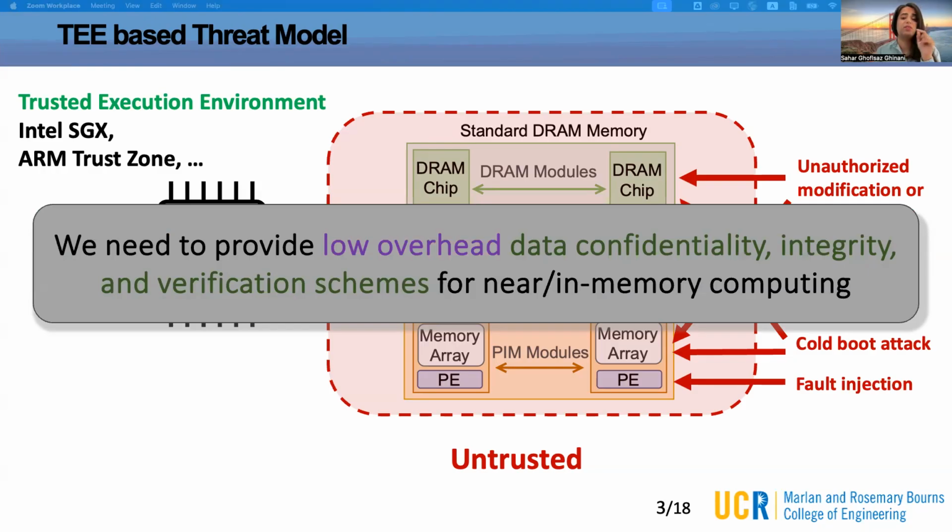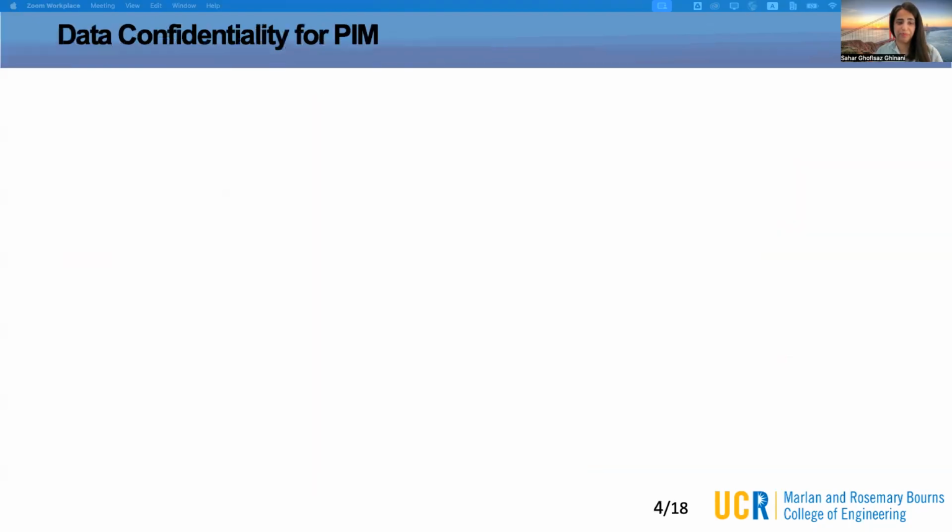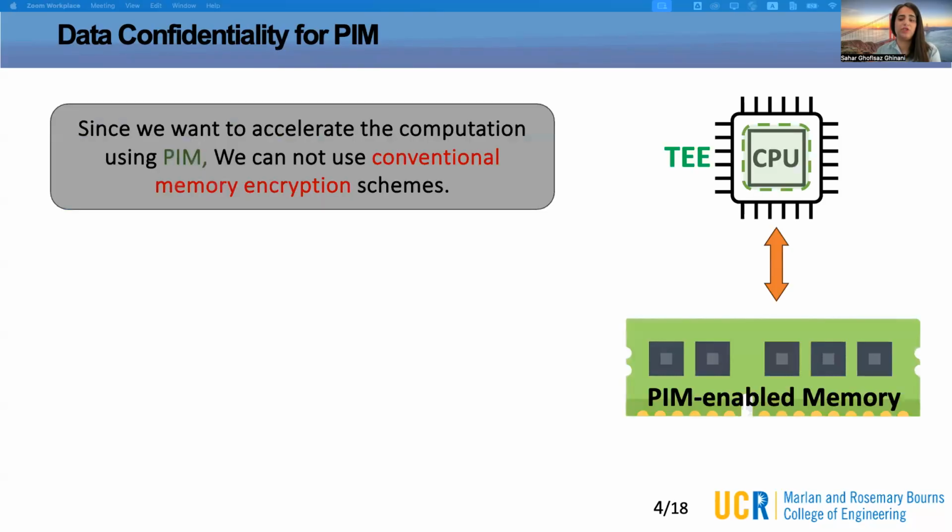And this needs to be lightweight because we don't want to cancel out the benefits that we are getting from PIM. Okay, so to protect the data within PIM, we cannot use the conventional memory encryption schemes. This is because we want to perform computation over the data, and it's not just about storing the data in the memory.